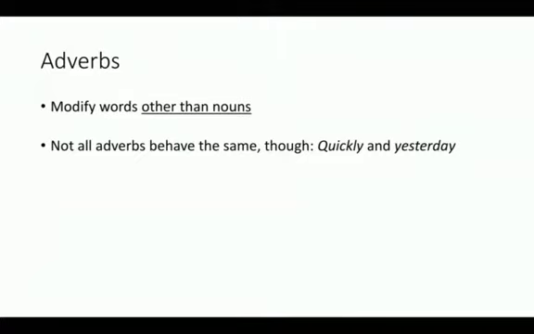Quickly and yesterday are both words that we might categorize as adverbs. So, for instance, I ran quickly. Quickly modifies ran. Or I can say I ran yesterday, where yesterday modifies ran, tells you when I went running. But they behave a little bit differently, which we'll see here.